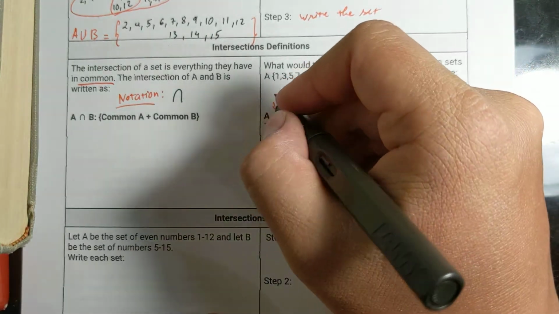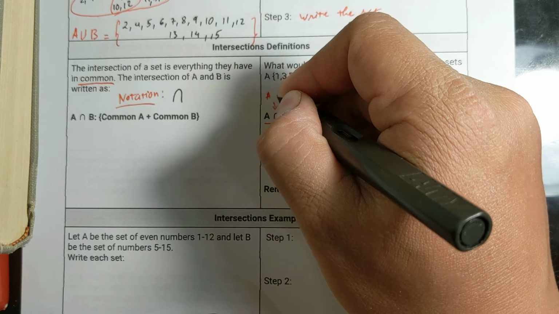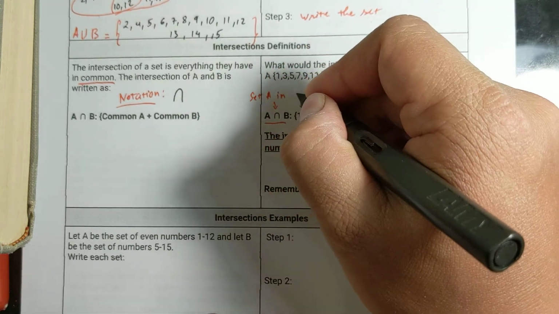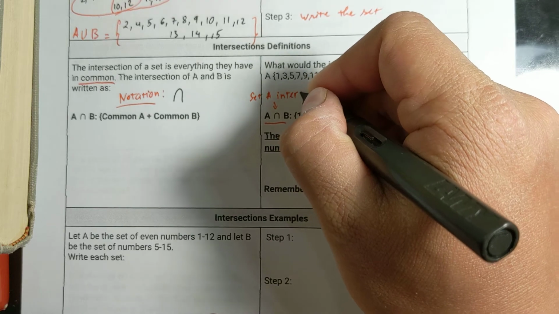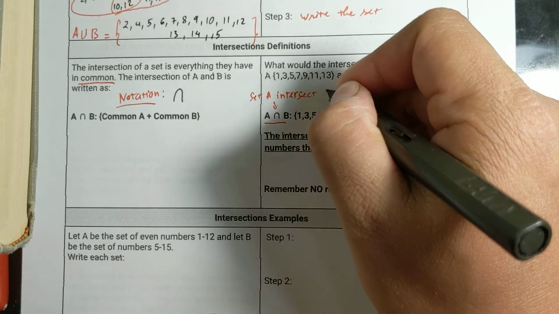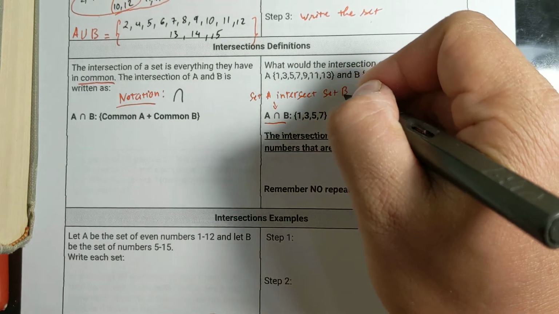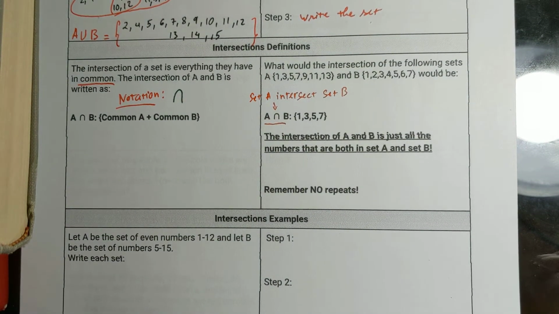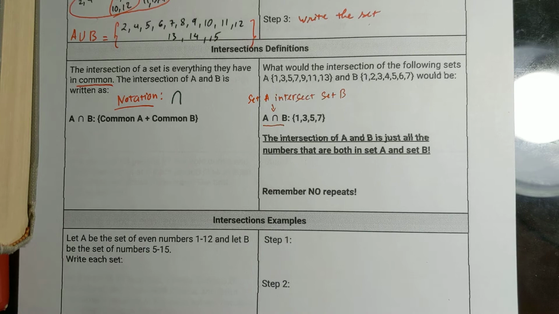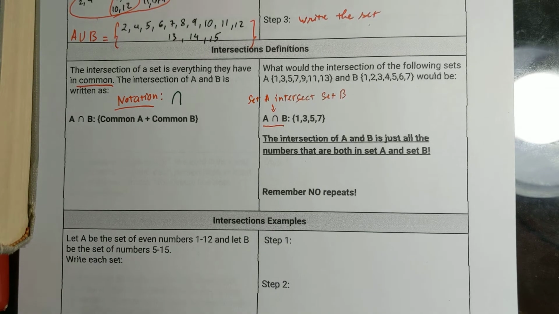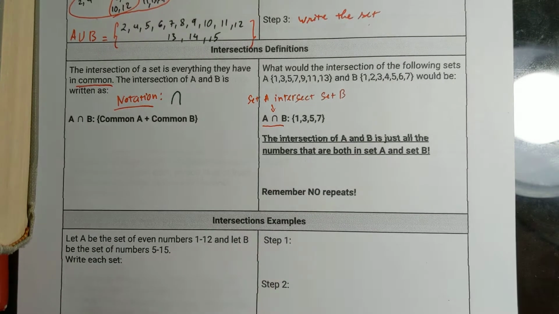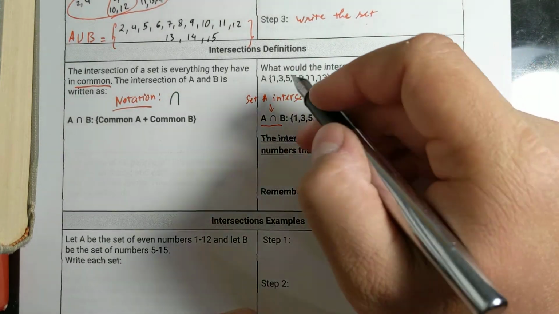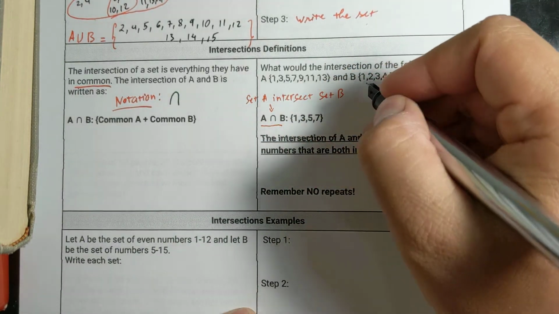By definition, intersection is going to be like this. This means set A intersect set B. By definition, we know that it has to be something that they have in common between those two sets. So if I look at those two wonderful sets here, I'm going to underline the ones that they have in common.